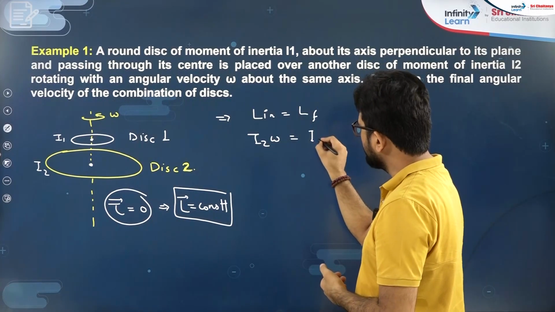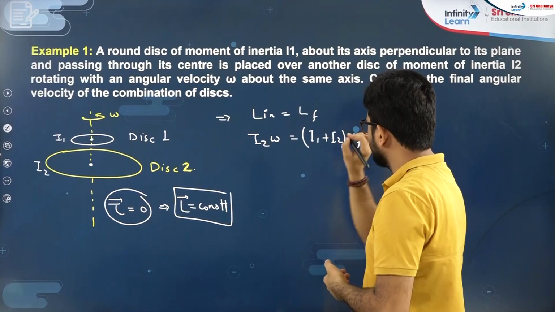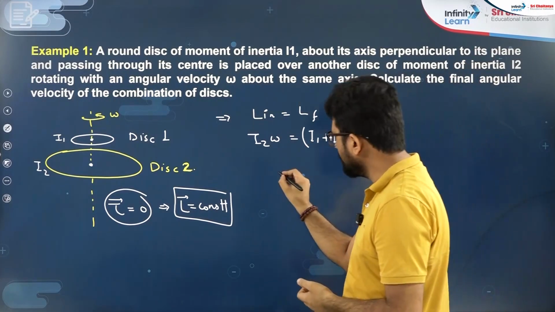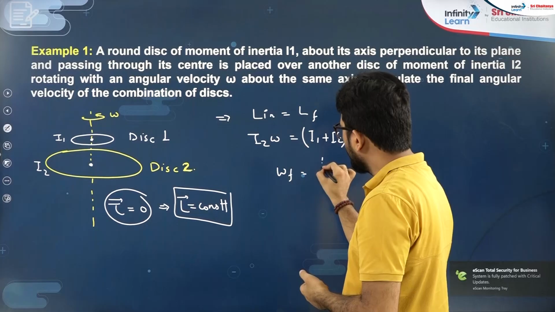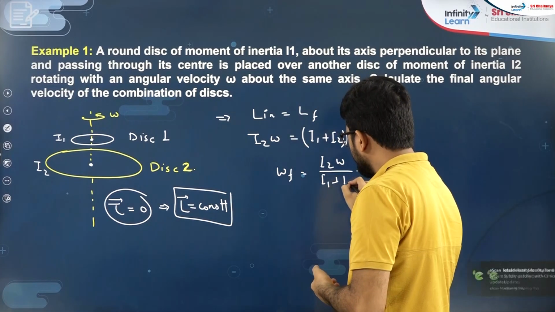So it is I1 plus I2 multiplied by omega final. This is the final angular velocity we want to calculate. So omega final is I2 omega divided by I1 plus I2.